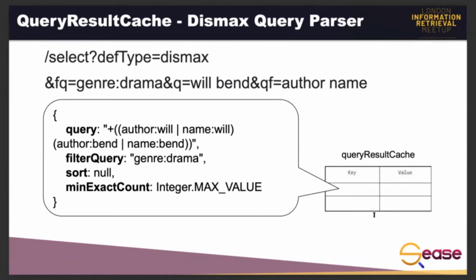Then we want will and band present in one of the fields, author and name. So the query becomes: author must contain will or name must contain will, and author must contain band or name must contain band. This is just a transformation of the original query.